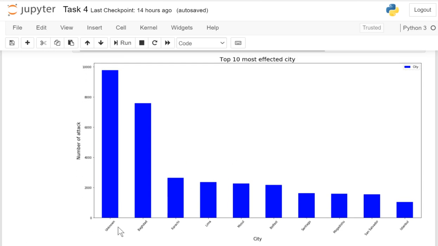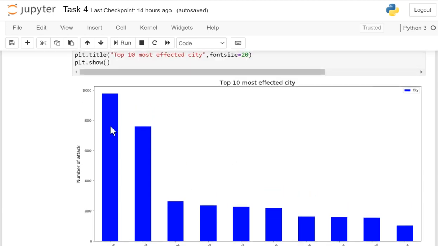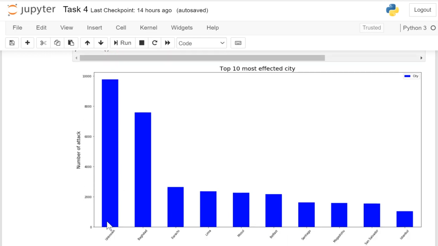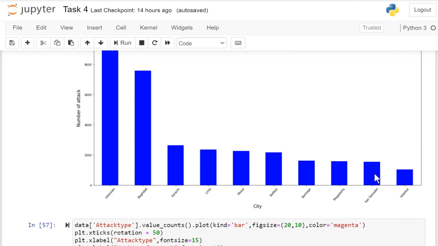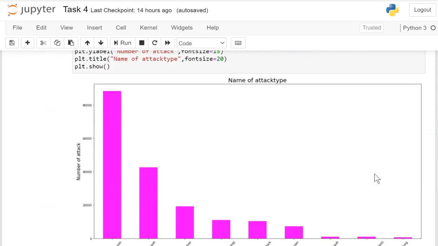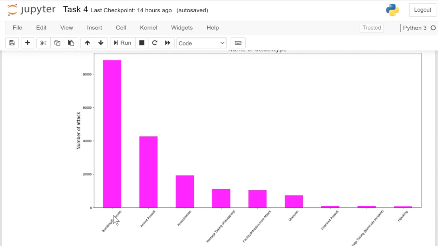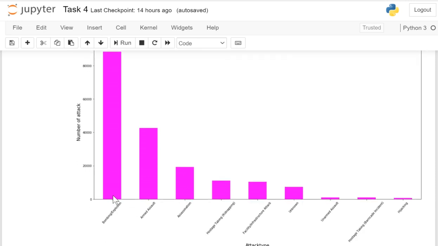So you can see this city is unknown, because the most number of attacks is in unknown cities, and then there is Istanbul, which is the least attacked. The attack types are displayed over here, where bombing or explosion is the most used type of attack.